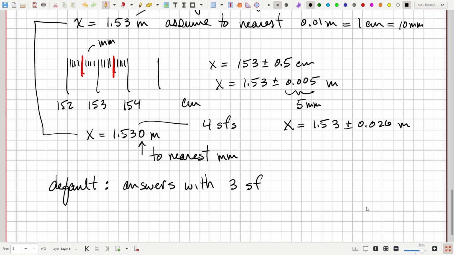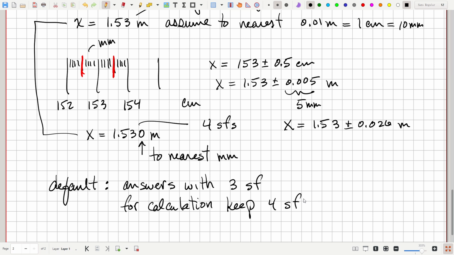Now, when you're doing calculations, if you keep rounding numbers, you build up what's called round-off error. And so to try to avoid that somewhat, for the intermediate calculations that you do, keep at least 4 significant figures. And then when you finally get to the end, round it to 3 significant figures.